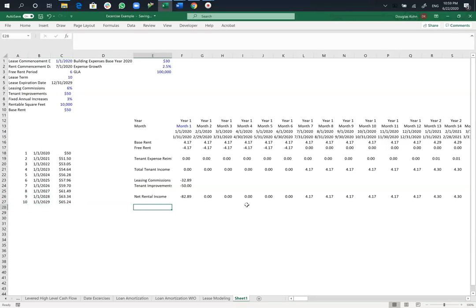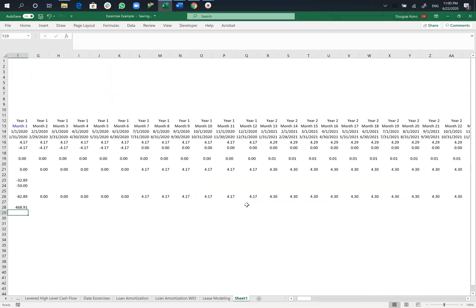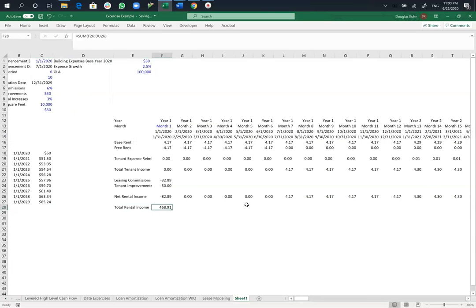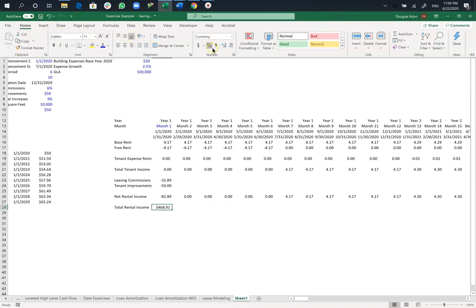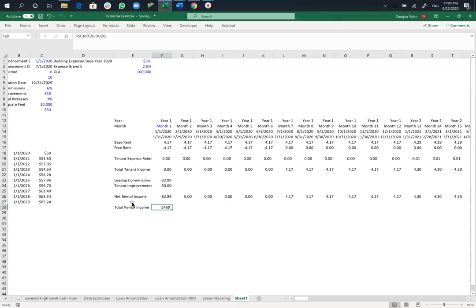Typically, the landlords are most interested in two numbers. So one is the total rental income, which is just the sum of this line. And they're interested in the NPV of the lease.